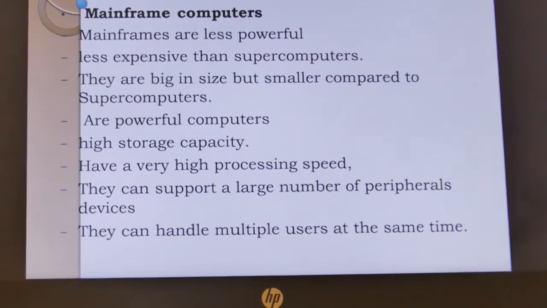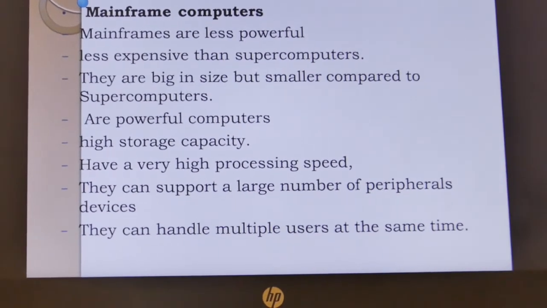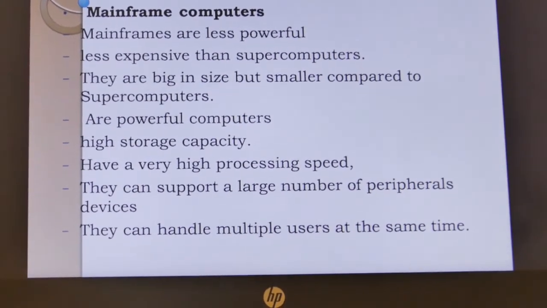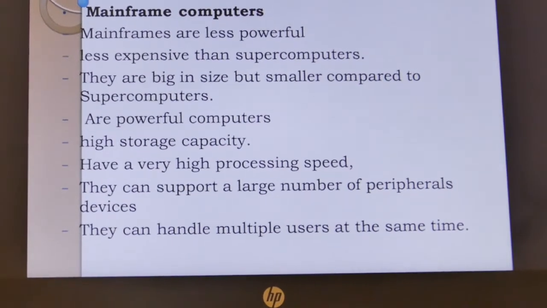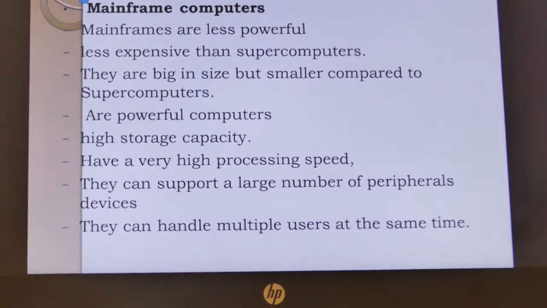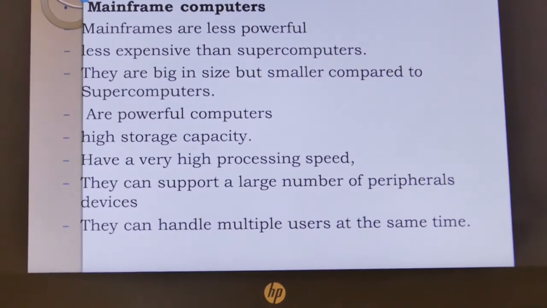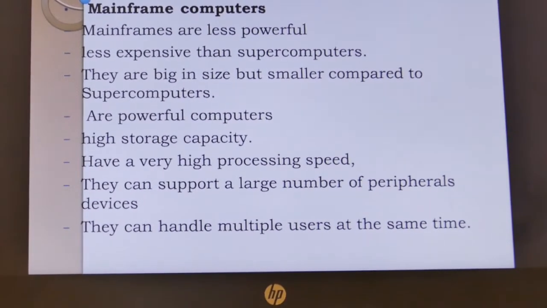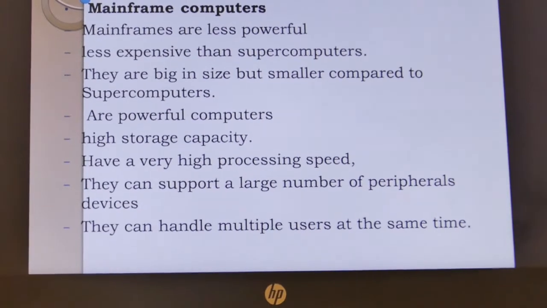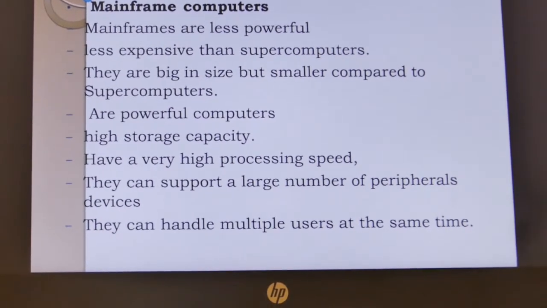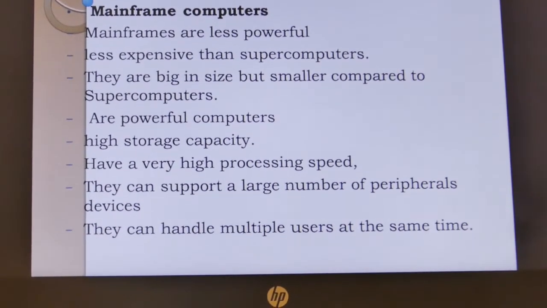They have large storage capacity. They also have high processing speed. They also support a large number of peripheral devices. Then they can also support many users at the same time.